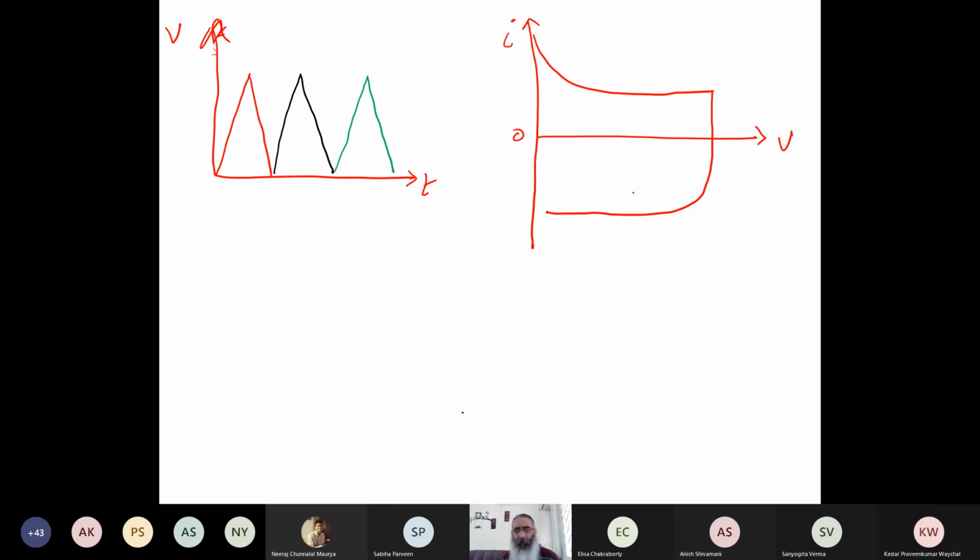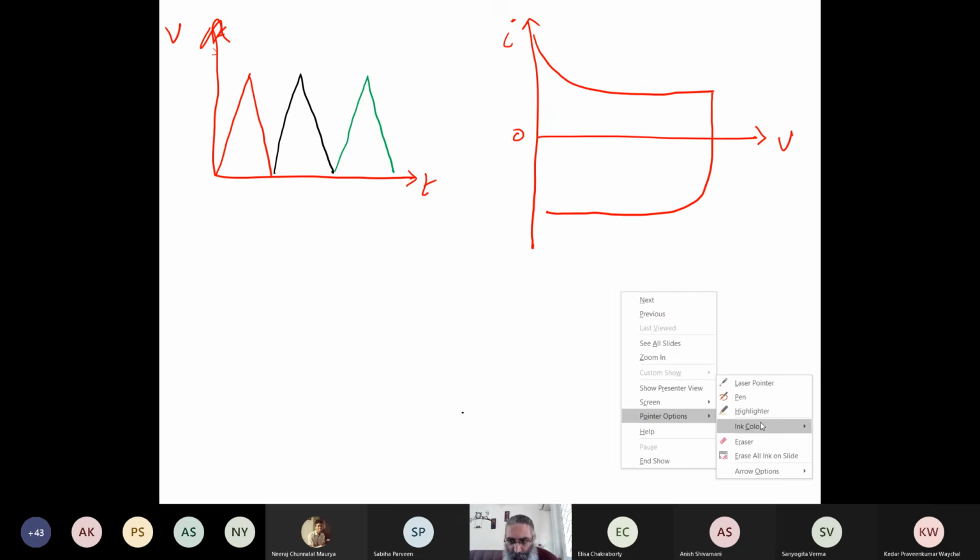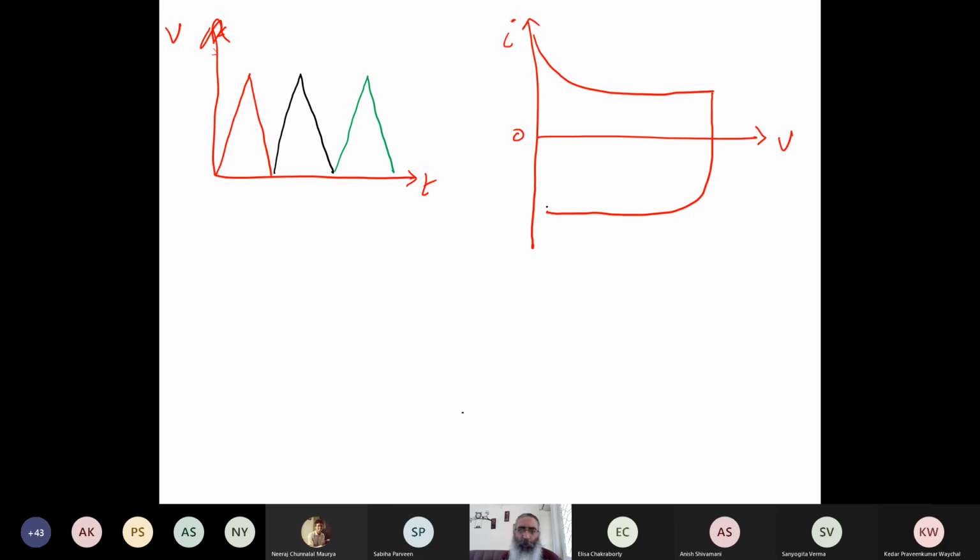So in this steady state, both the magnitudes are the same. Now for the second curve, I'm going to see this, and then from here again, I'm going to see this. This is the ramping up part of the second cycle. This is the ramping down part of the second cycle.